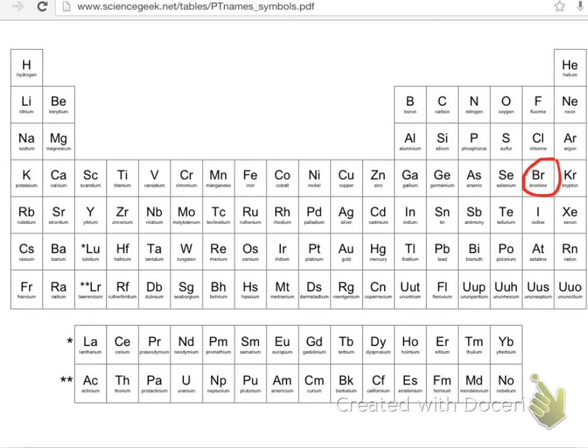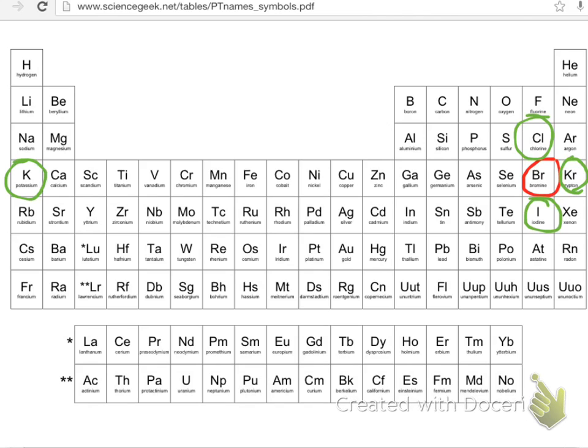So number 2, we're talking about bromine, and you want to know which of the following atoms would have a smaller radius than bromine. To compare these, you want to look at each of them case by case. So you've got chlorine, potassium, iodine, and krypton.